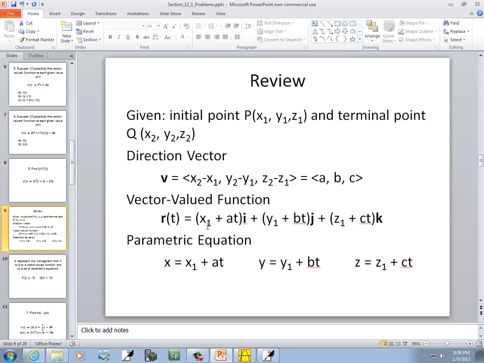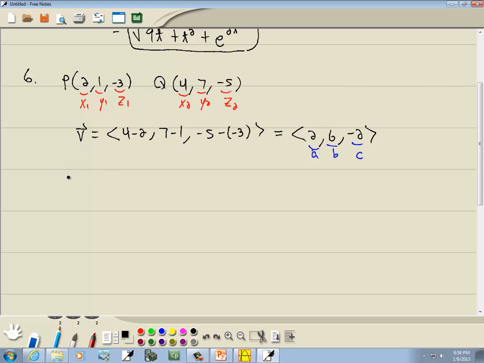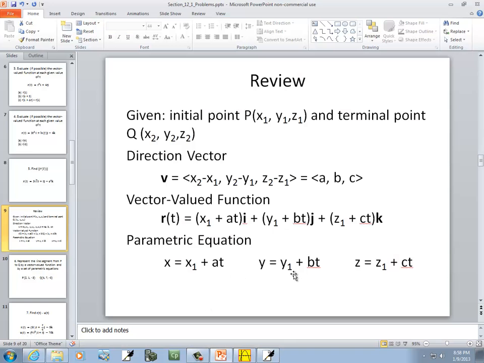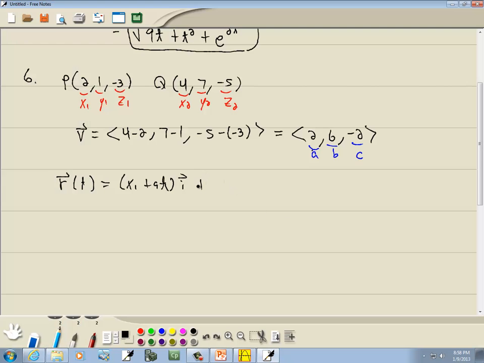Now our vector valued function is given by this formula. So we've got r of t is equal to x1 plus at i, and then we're going to have y1 plus bt j, plus z1 plus ct k.